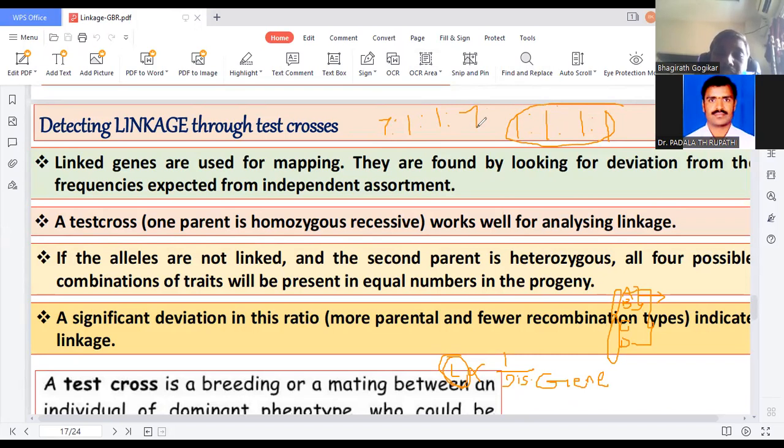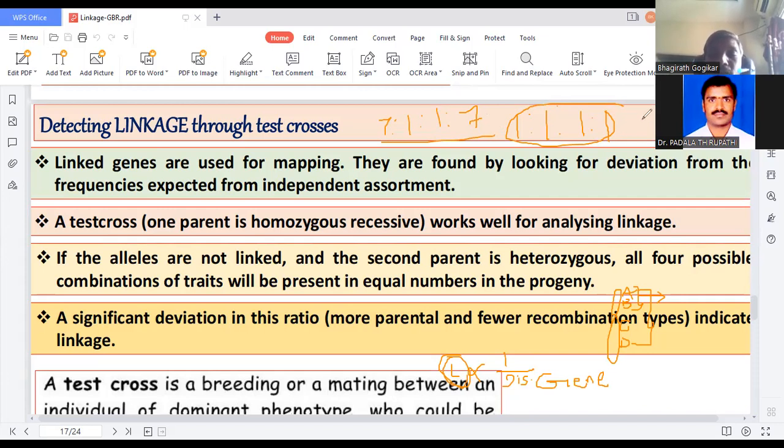7:1:1:7. This indicates linkage phenomenon is detected in the genes. This type of linkage phenomenon was observed in Lathyrus odoratus by taking two characters, that is the flower color and the pollen shape. These two characteristics reveal the 7:1:1:7.